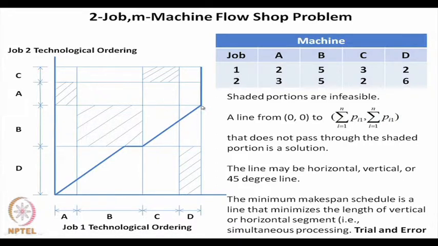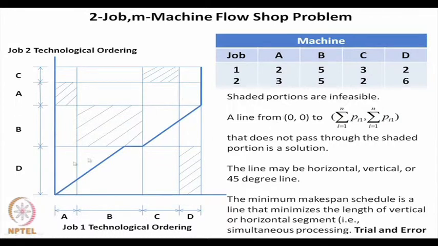Now, at the 12th hour machine D has completed its task and B also has completed its task on job 2, and therefore, job 2 can be assigned to machine A and machine C in sequence for its operation. That is the meaning.